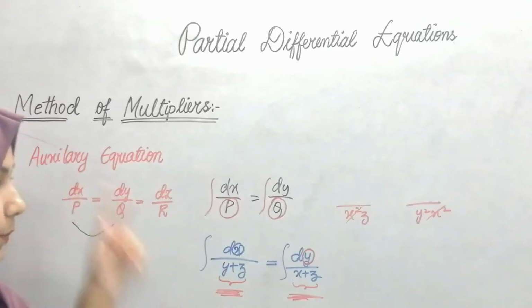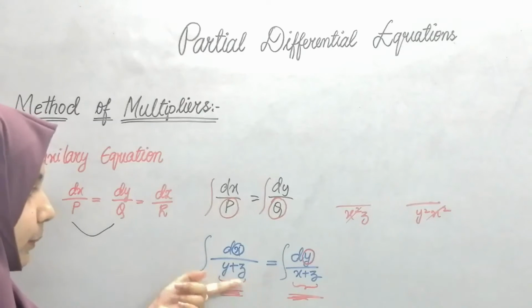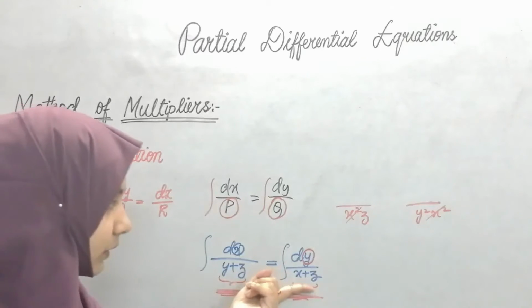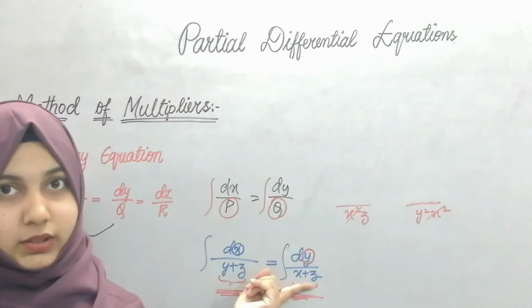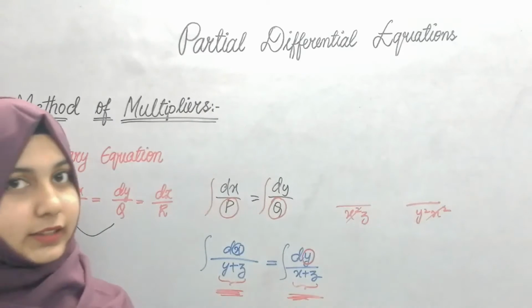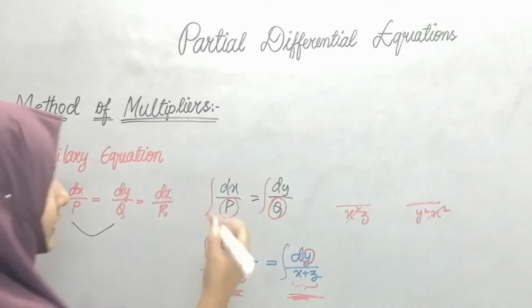Okay? Why do I have to go for the method of multipliers? Because here I need to integrate with respect to, for example, x, but I don't have any x term. Similarly, I need to integrate with respect to y, but I don't have any y term here. So integration is not possible. If integration is not possible, then finding the solution is also not possible, right? My final aim is to find the general solution, right?